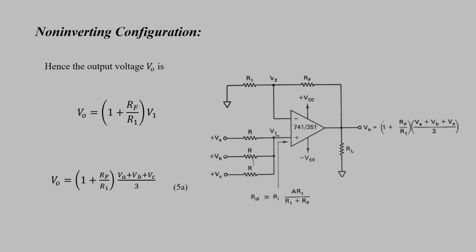Now the output voltage, as already discussed, is 1 plus RF by R1 into V1, and that is 1 plus RF by R1 into VA plus VB plus VC by 3.